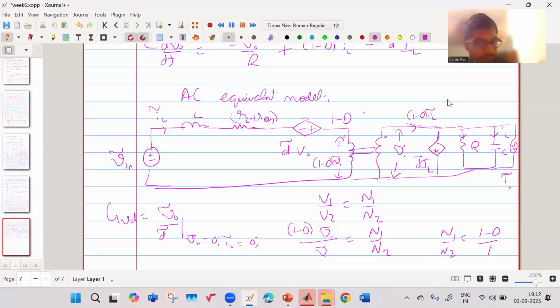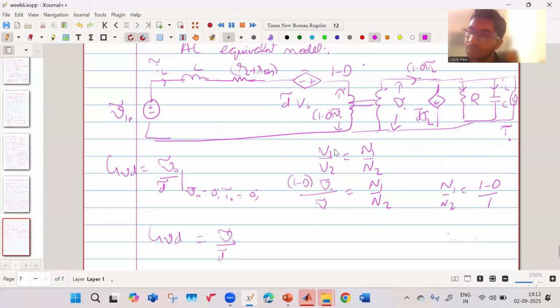So now, if we set V in perturbation to 0 and I output perturbation to 0, what will change in my circuit? We can short circuit that input source and open circuit the current source, IO tilde.